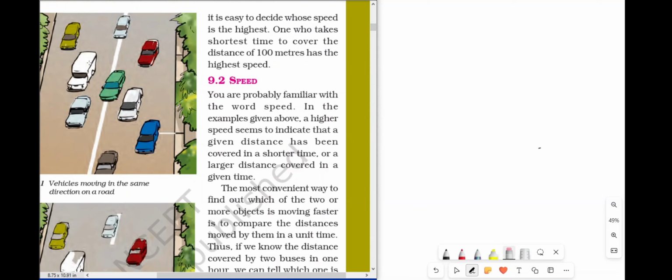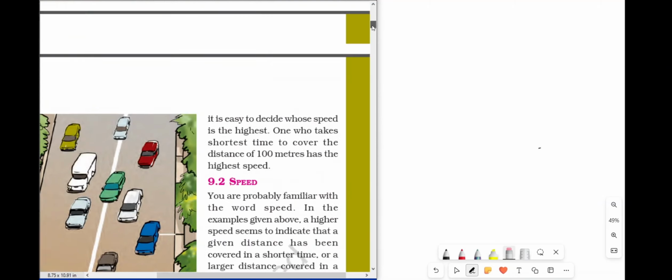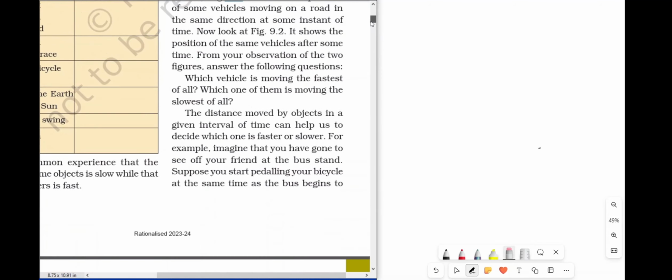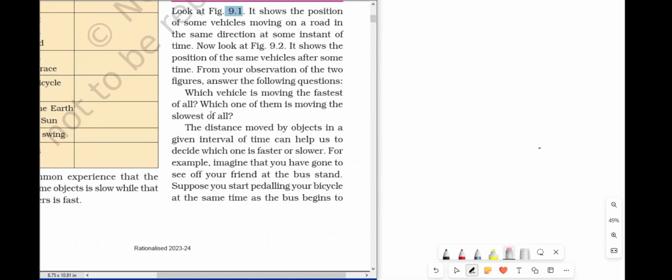I think the others are moving slower than the green one. So moving forward, the distance moved by the objects in a given interval of time can help us to decide which one is moving faster or slower.